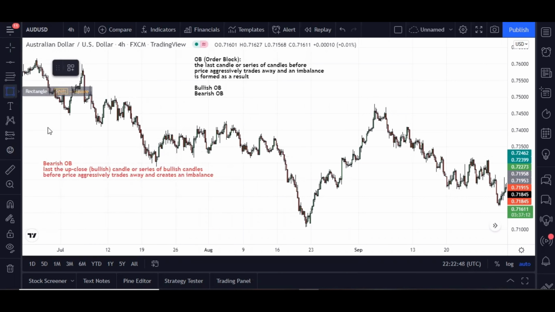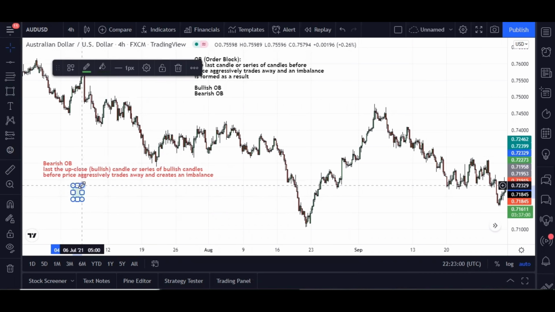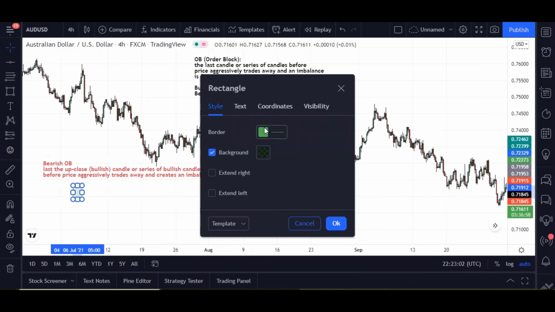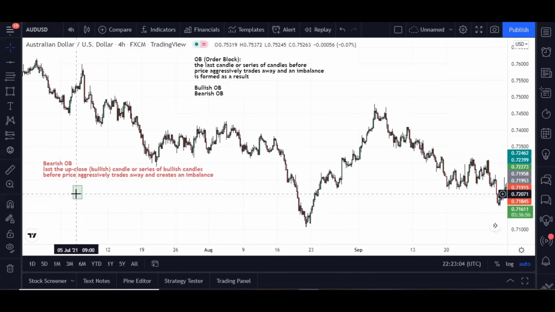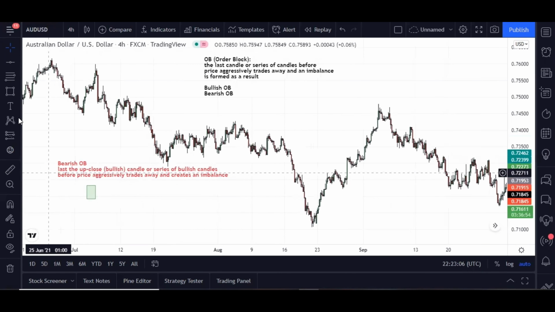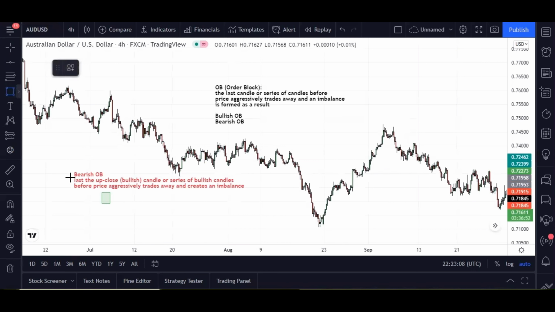So here, in this instance, we'll be looking for something like this. Bullish candle.